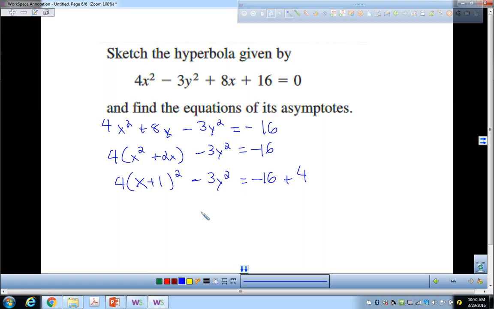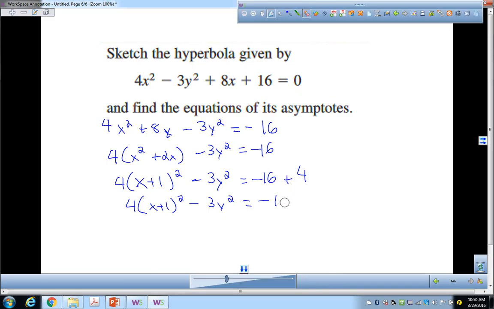So now I have 4 times x plus 1 squared minus 3y squared equals negative 12. Then what do I have to do to the right side? Divide everything by negative 12.